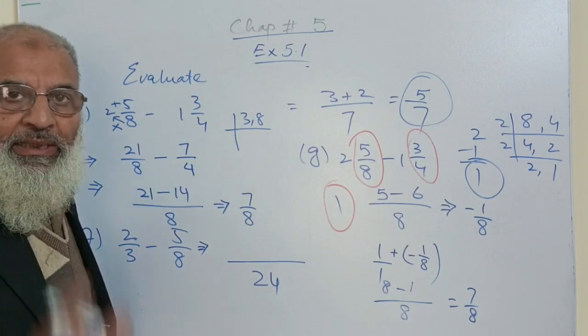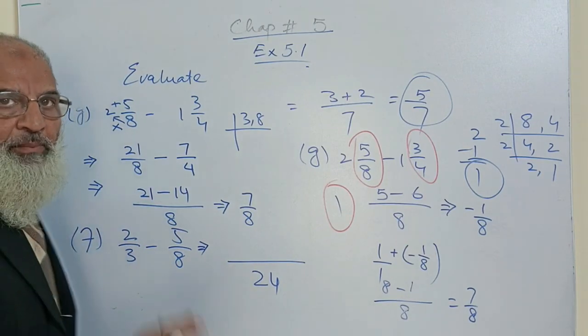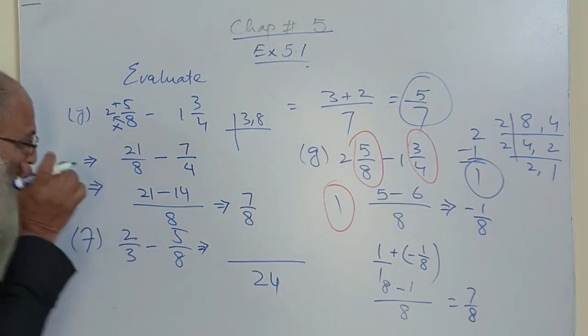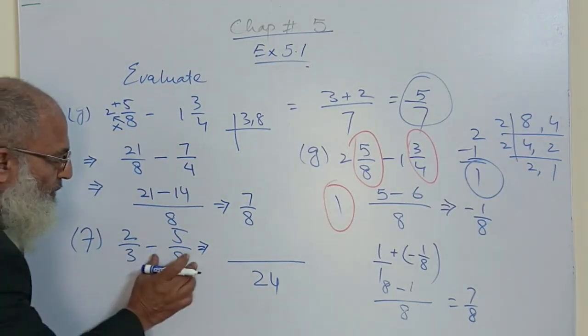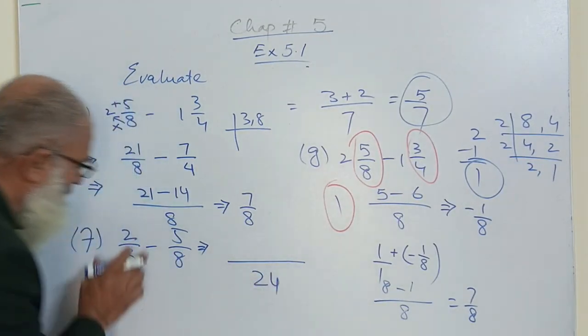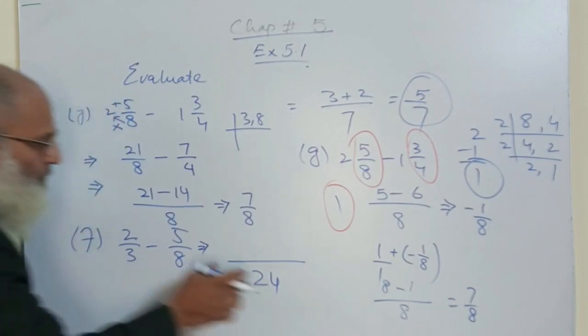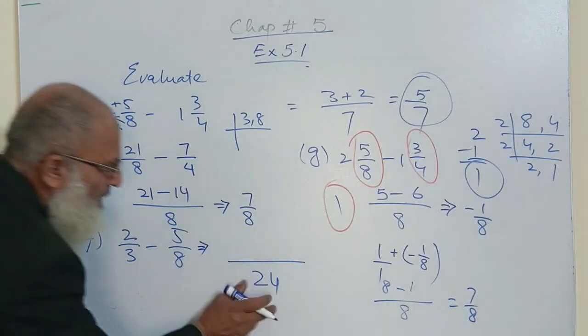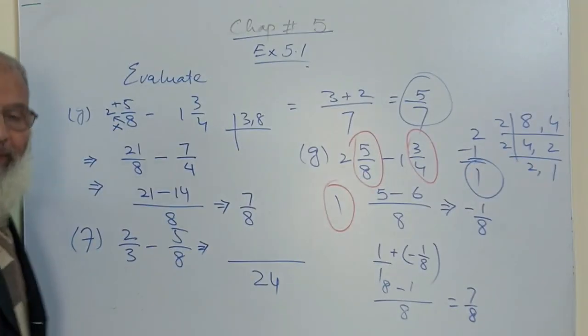And you know what the LCM is? LCM is the number by which both of the denominators are divisible. Now this 24 is divisible by 3, and this 24 is divisible by 8 as well.